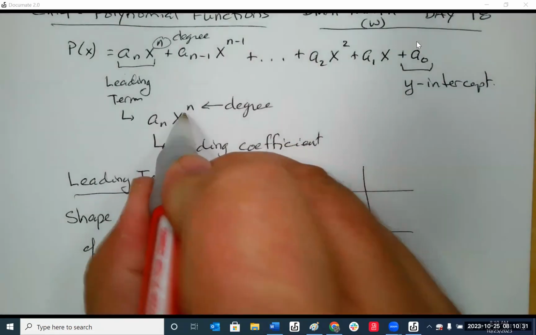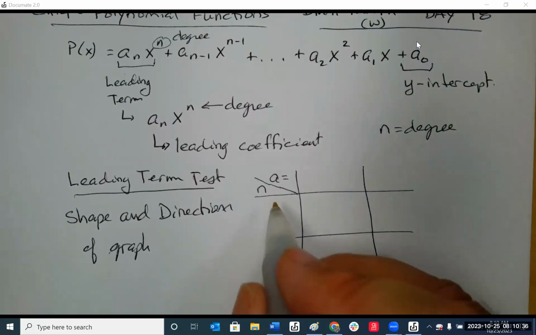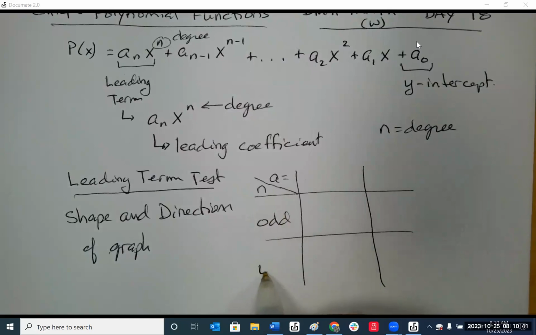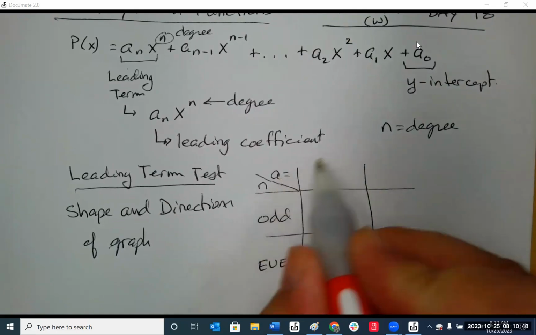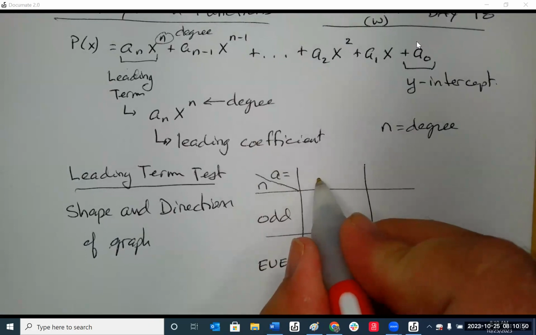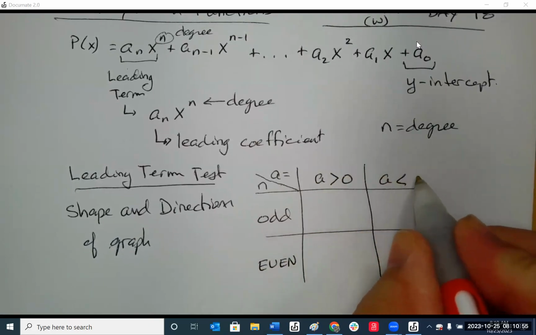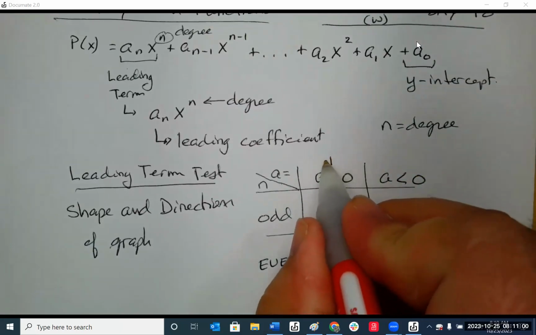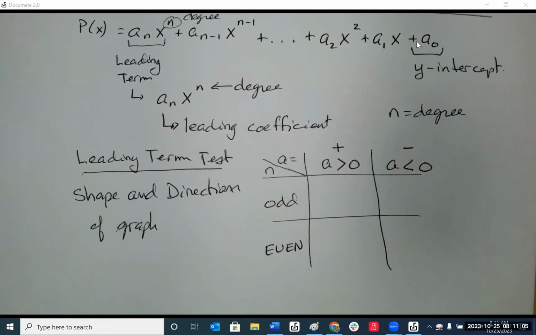Remember, N is the degree. The degree can either be an odd number or an even number. A is the leading coefficient. If the coefficient is positive or if it's negative. In other words, if the sign in the first term is either positive or negative.